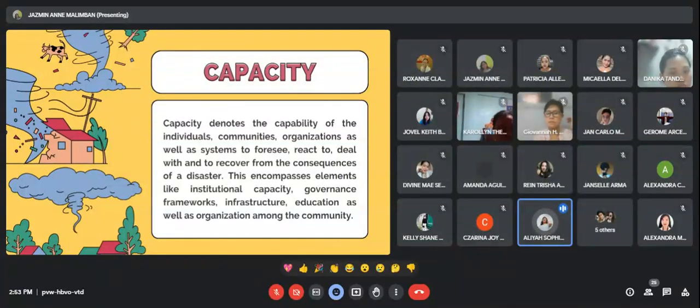And bukod po dito, kasama na rin po kung paano po nakikipag-deal ang mga institution sa isang sakuna before, during, at after a disaster. And overall po nito ay isang pinaka-importanting elements po ng disaster risk dahil if hindi po maganda ang management at hindi po enough ang capacities ng isang lugar, mahirapan po ang mga tao na makipagsapalaran po kapag dumating na po mismo ang sakuna. So, next slide po.